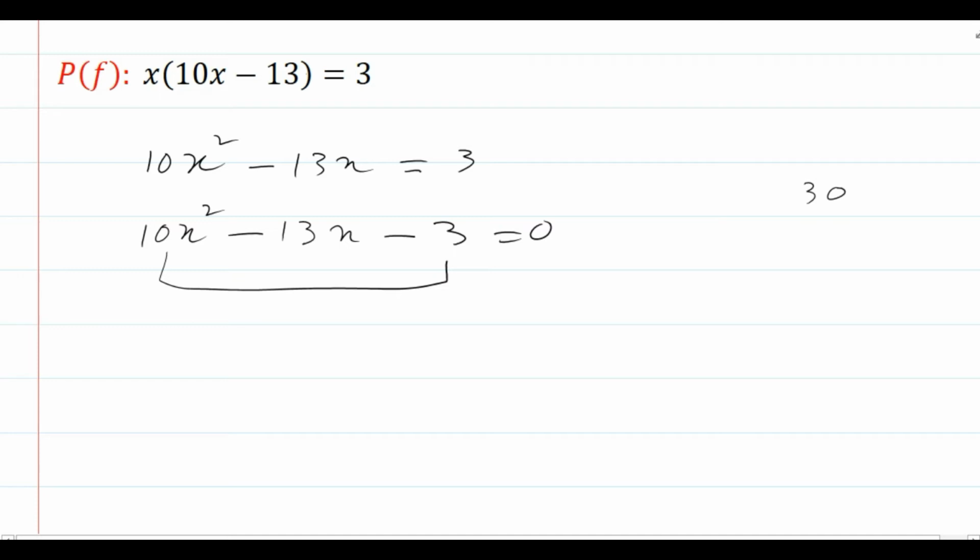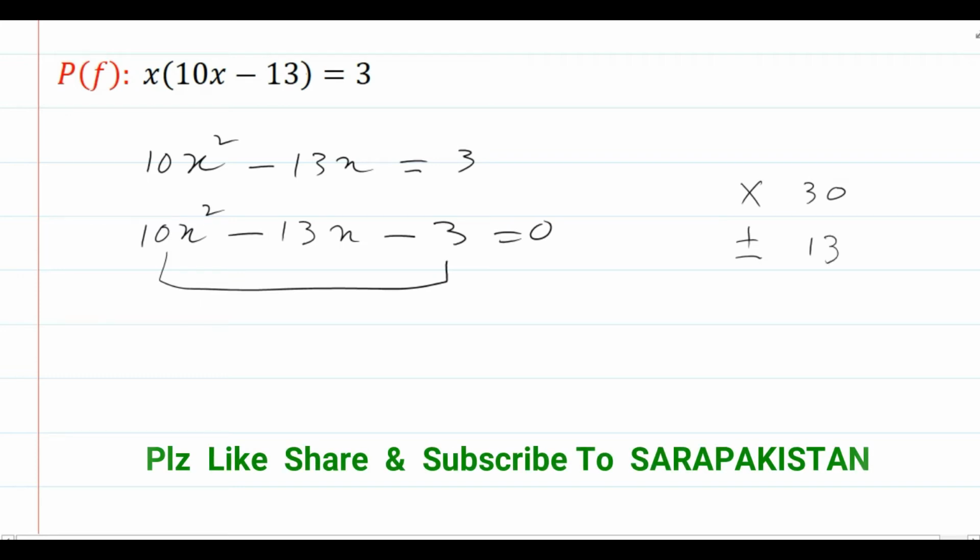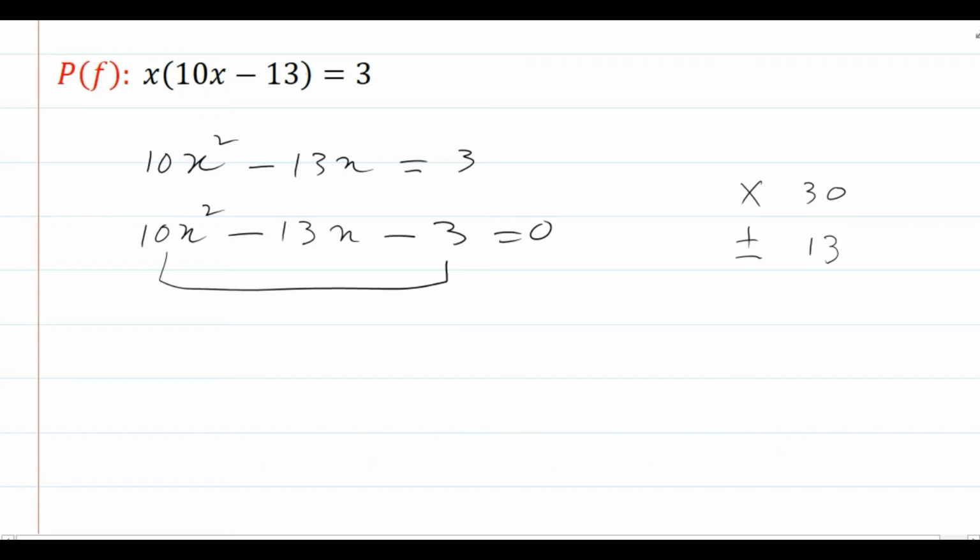Now you have to find the pair which you multiply to get 30, and when you add or subtract you can get 13. Pairs can be achieved like this. If you multiply 1 and 30 you will get 30.